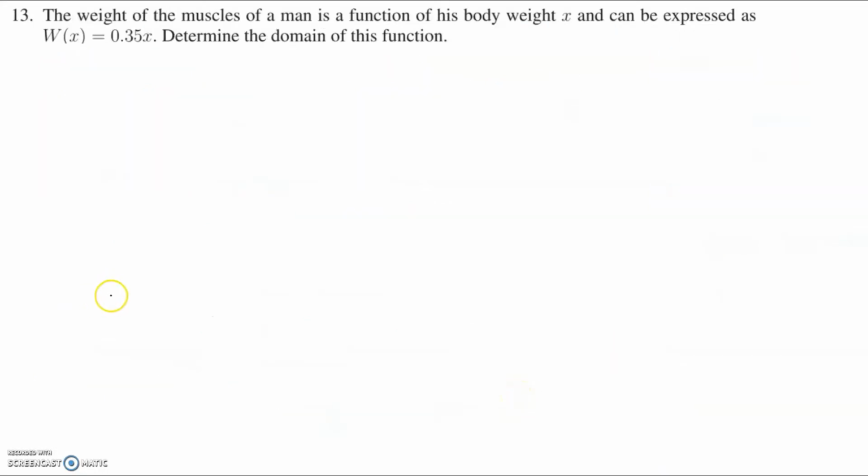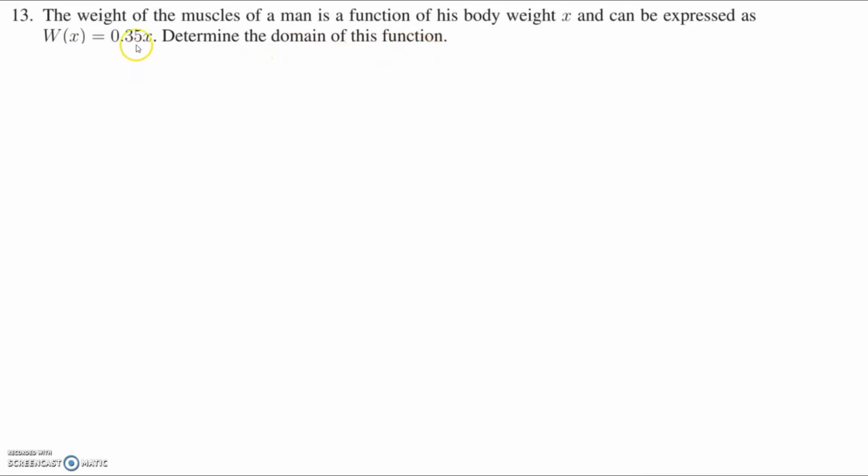Question number 13. The weight of the muscles of a man is a function of his body weight x and can be expressed as W of x is equal to 0.35x. Determine the domain of this function.